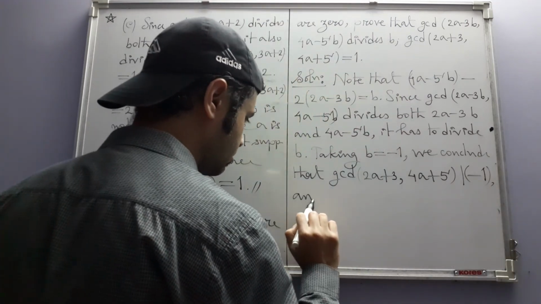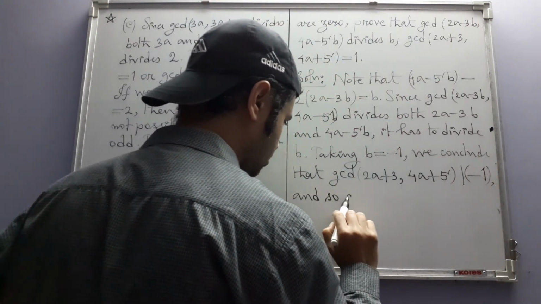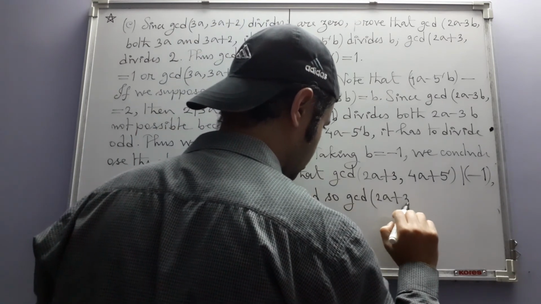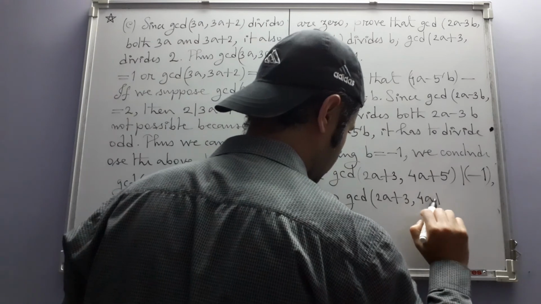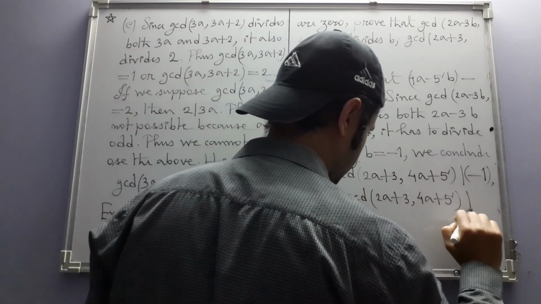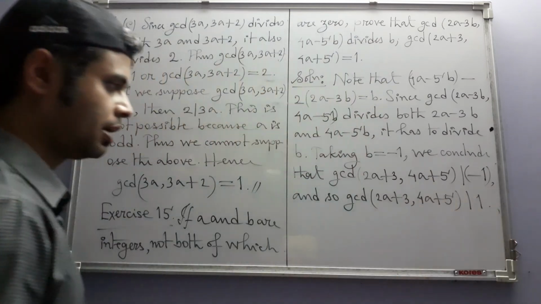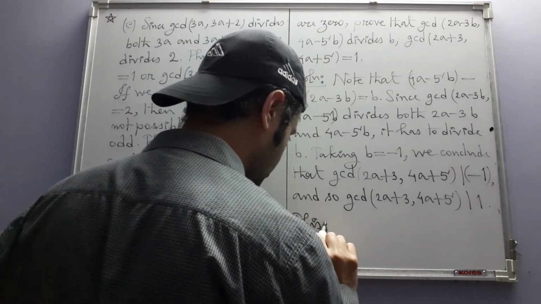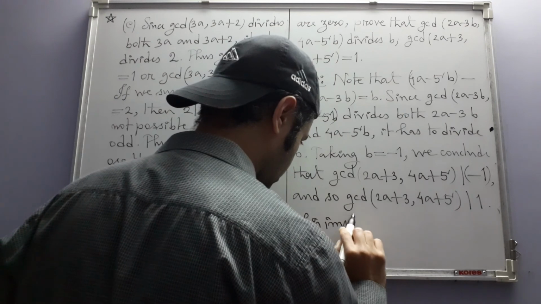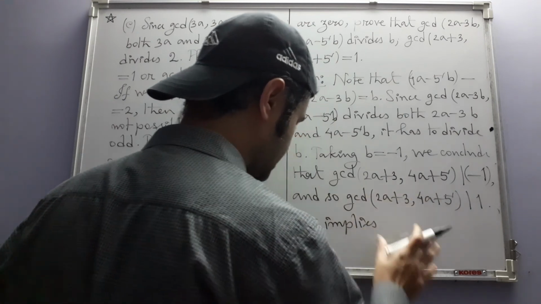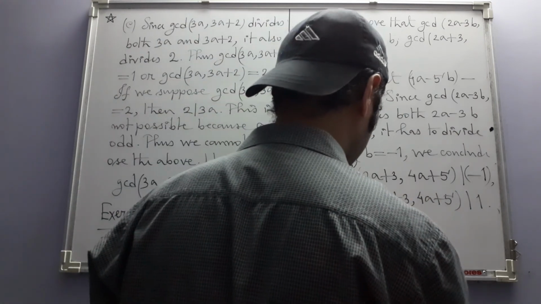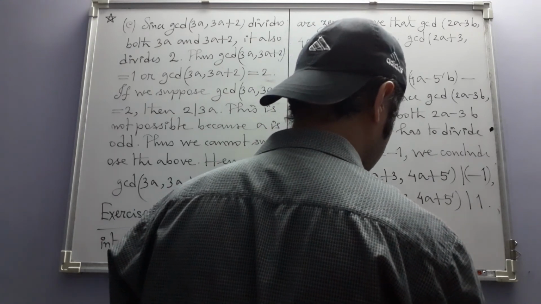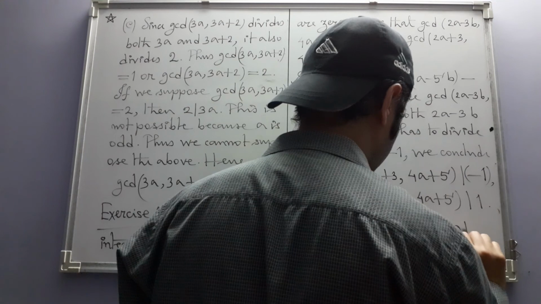And so it also has to divide 1. This implies, because GCD is positive, that the GCD has to be in fact equal to 1.